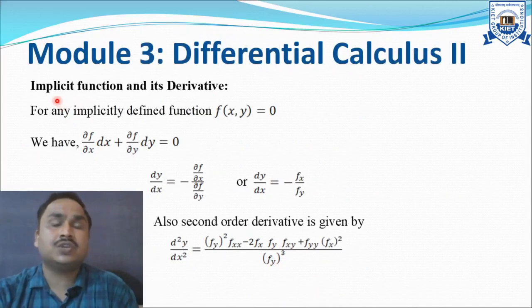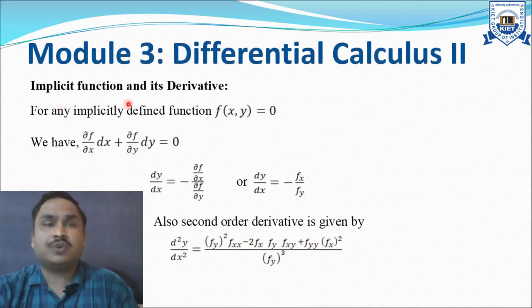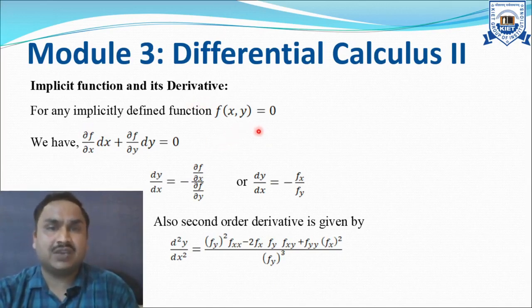Next we are going to discuss the concept of implicit function and its derivative. For any implicitly defined function f(x,y) equal to 0, its total derivative will be 0, as the RHS is 0. But we know the total derivative of f(x,y) is given by del f over del x dx plus del f over del y dy. So this total value will equal 0 as the RHS is 0.